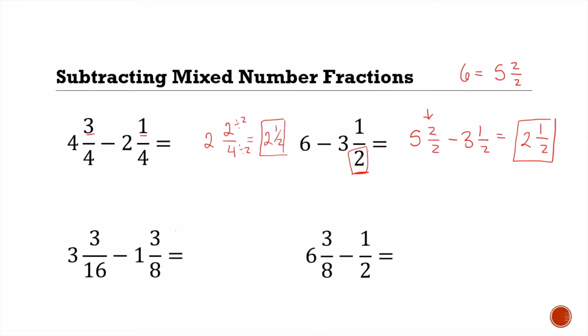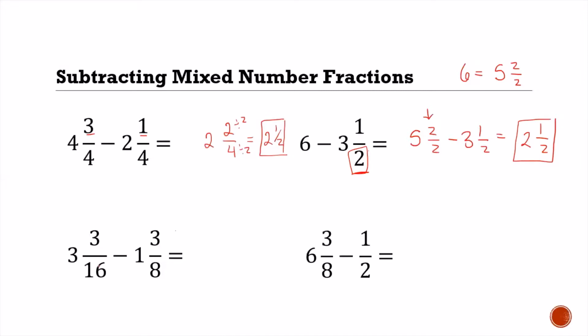So instead of a half, if I had an 1/8, I would automatically go to an 8 on the bottom. I think I have another example of this in perhaps the next slide, where we have a different number on the bottom. But that's how I choose that: I just pick a common denominator based on what I'm subtracting. It doesn't matter what we choose, as long as the numerator and the denominator are the same to give us a fraction of 1.